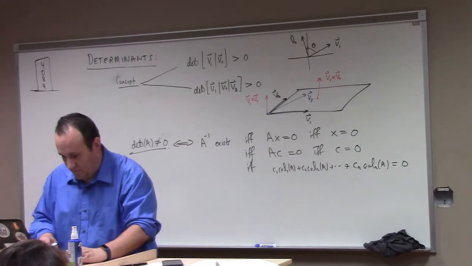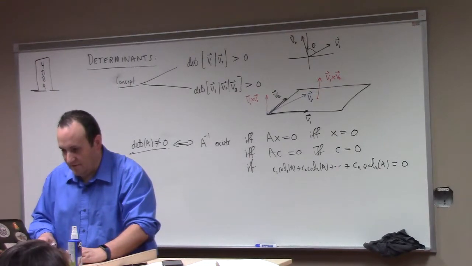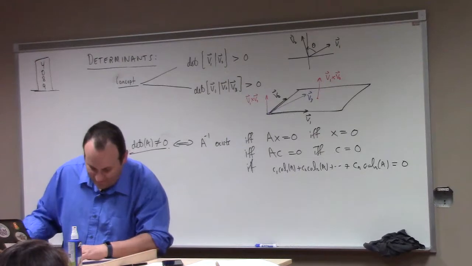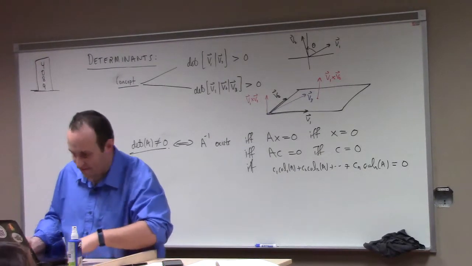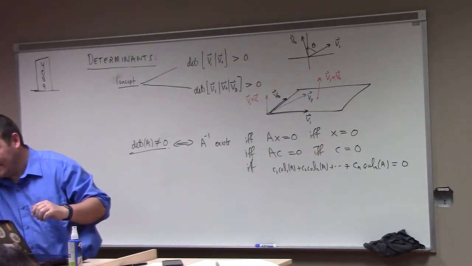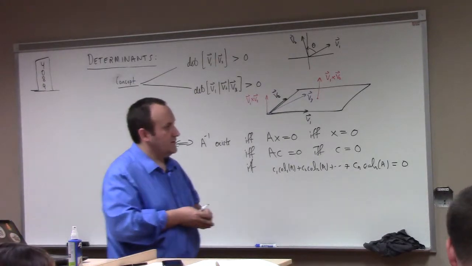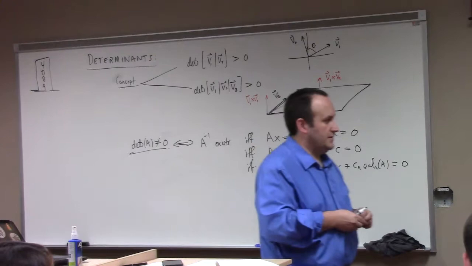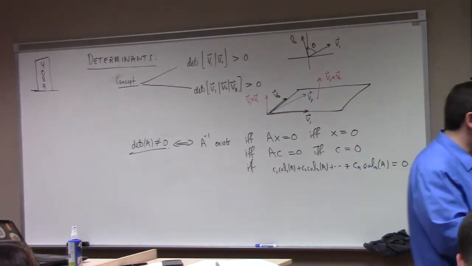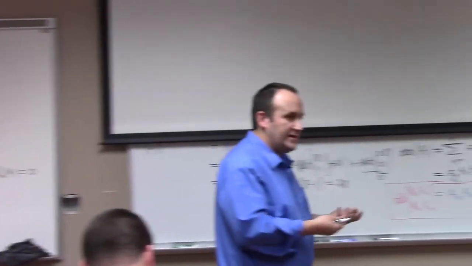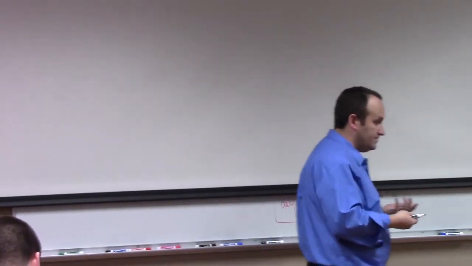So let me show you a few more things here. As you have noticed, actually writing out things about the determinant is a very laborious task, is it not? You've experienced it. So I would like to point out some things about calculating determinants that are very, very helpful.